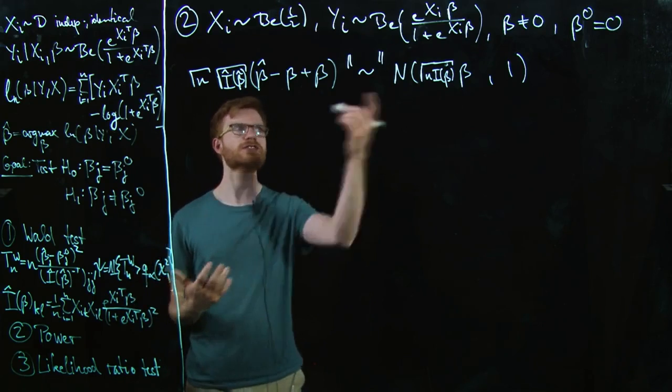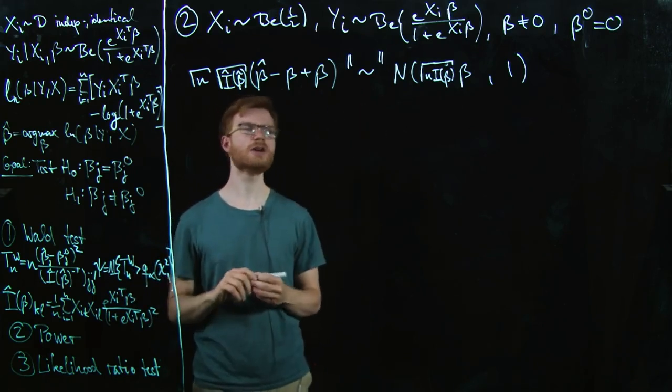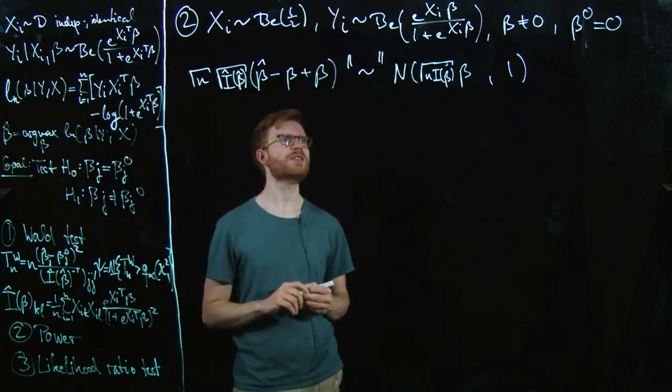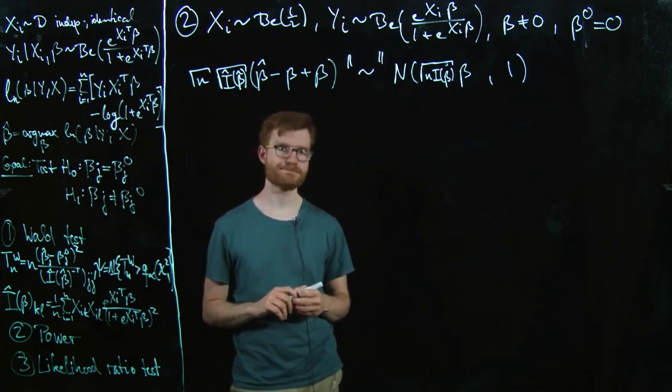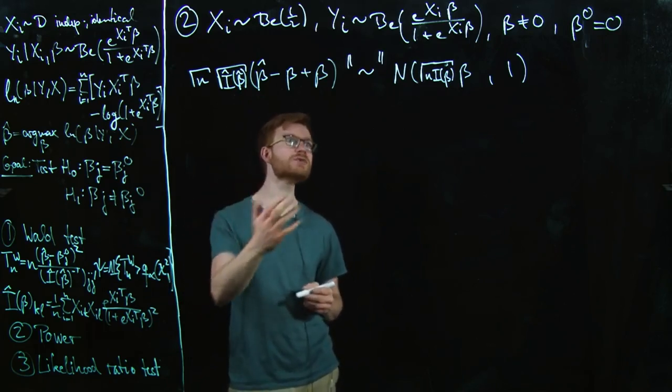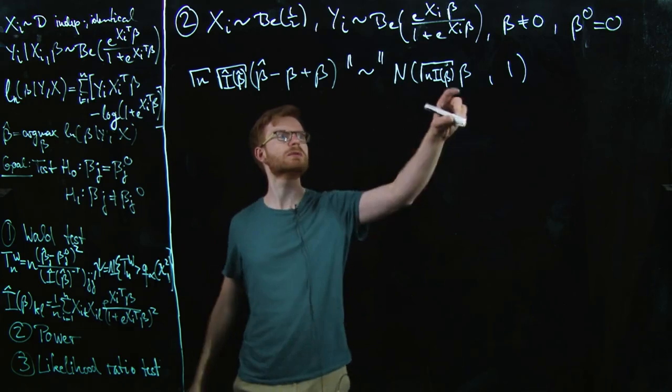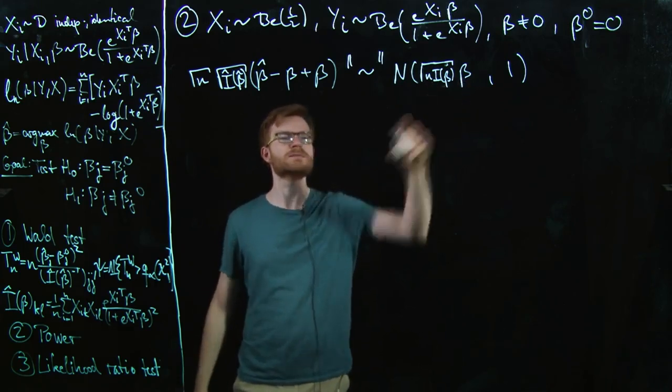But for our purposes, let's just think of it as a roughly normal with a certain non-zero mean. If the null hypothesis were actually true, then beta would be 0, and then the mean here would be 0.